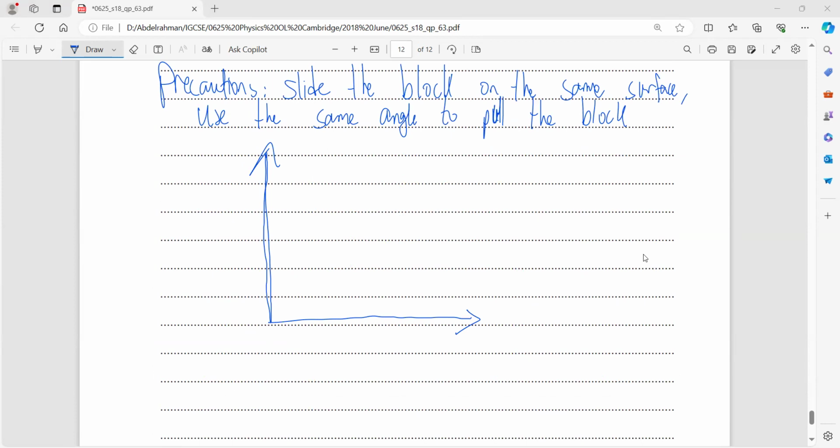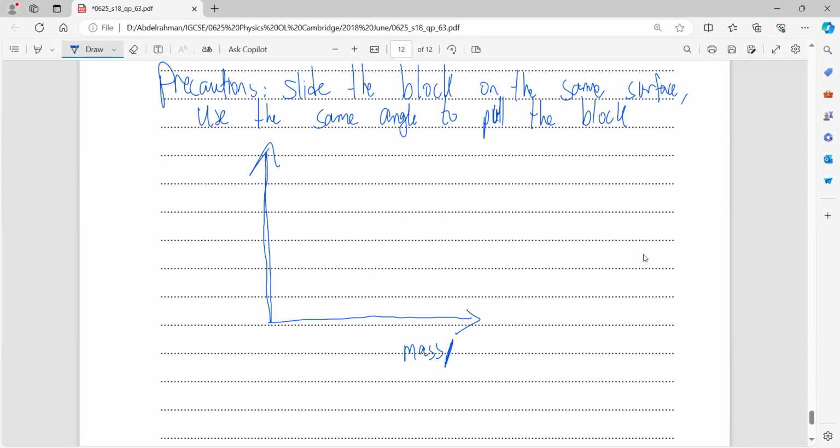Come on. On the y-axis write the masses. No, the opposite, yes. On the x-axis, I'll write down the mass.